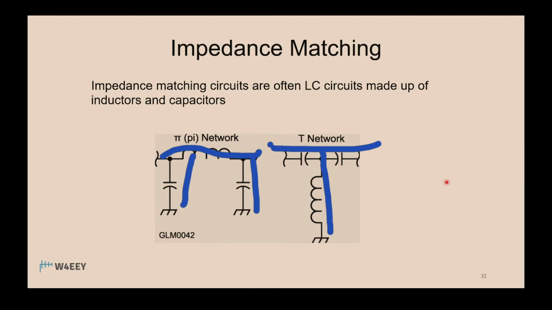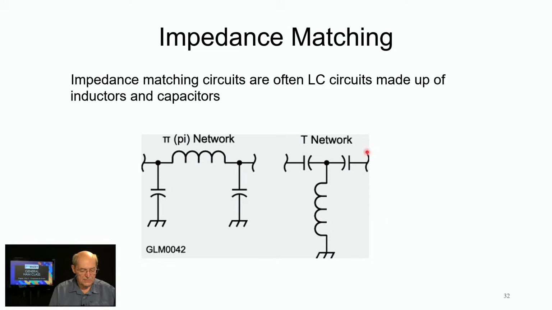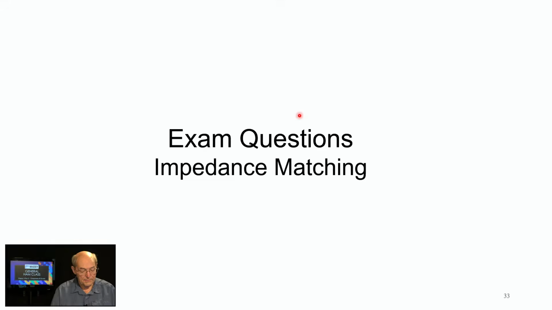Back to the slide again. These are shown as fixed values here, but quite often any of these parts may be variable, so that you can use this impedance matching across multiple bands. So impedance matching circuits are often LC circuits made up of inductors and capacitors. That's what they look like.